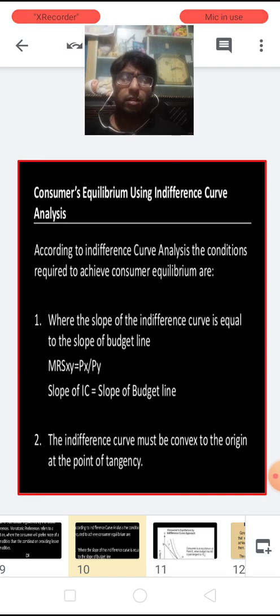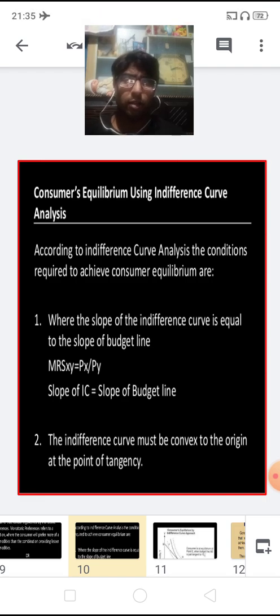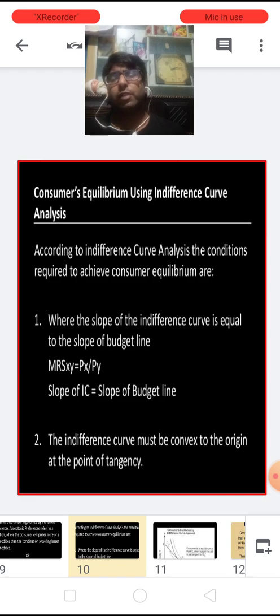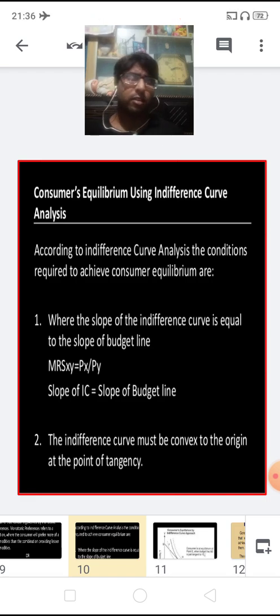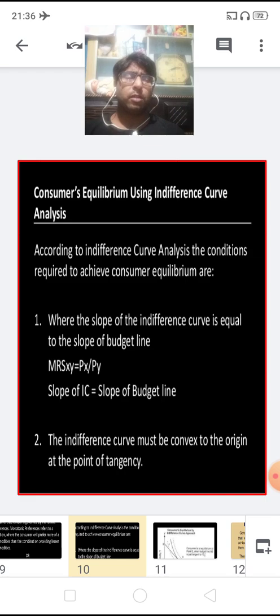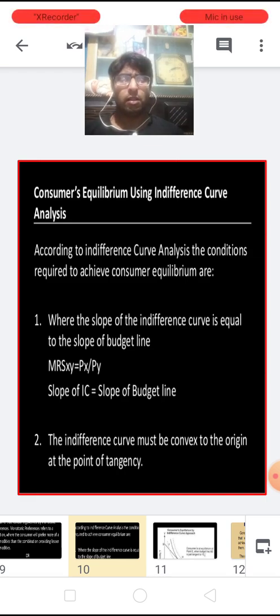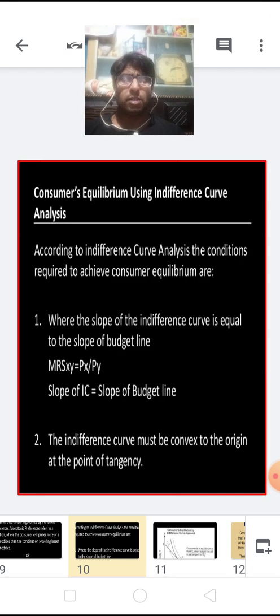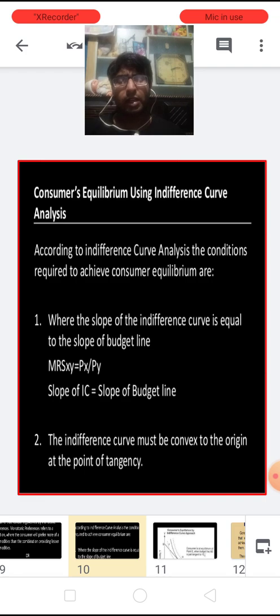Now we are going to learn the consumer's equilibrium in the ordinal approach. So children, before we understand the concept of consumer's equilibrium, let us see the definition first. Children, consumer equilibrium refers to the situation when a consumer is getting maximum satisfaction from his given income and market prices, such that his satisfaction is higher in that combination.